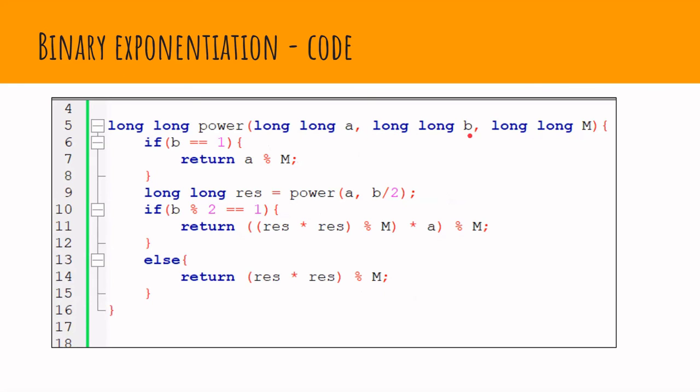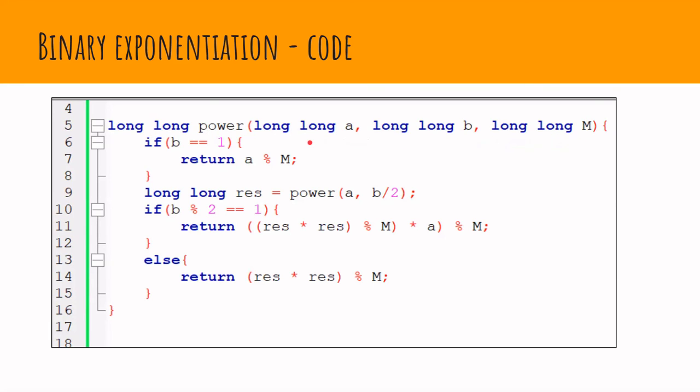So generally in your question you will get a problem statement like this: calculate a to the power b modulo m. So here we are going to see how to calculate a to the power b modulo m. It's just a slight modification from the previous code.